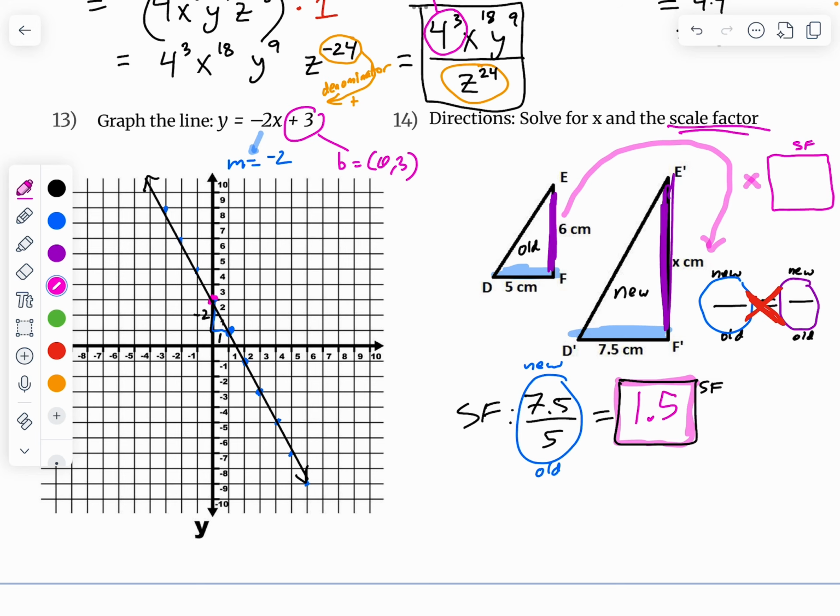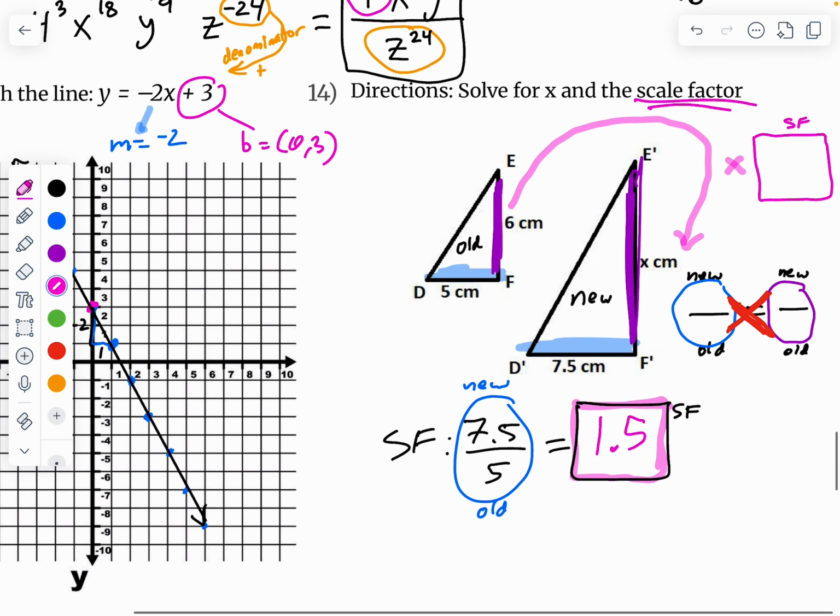It's a scale factor, but it's also asking what to do for x. So how do you solve for x? There are many ways to do it. You're like, Mr. Maynard, why do we solve for the scale factor? I don't know why we do that. Here's the thing. How much bigger is this triangle compared to that one? The reason why we learned this is because every single side is simply growing by a multiplier of 1.5.